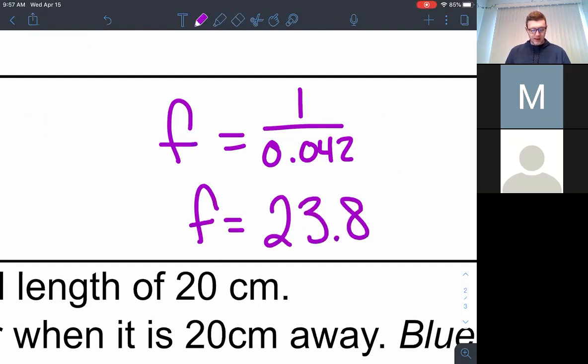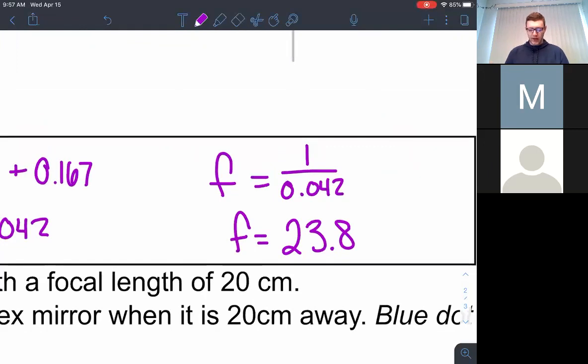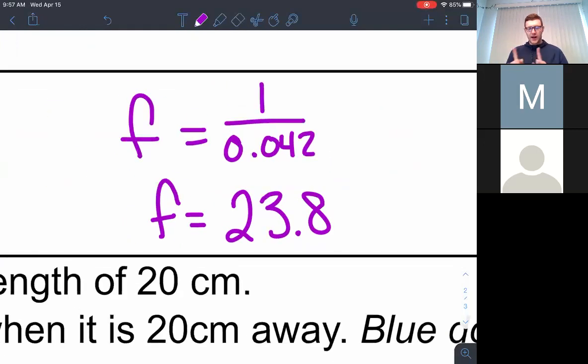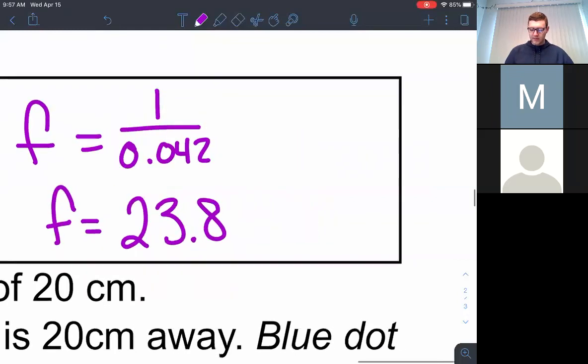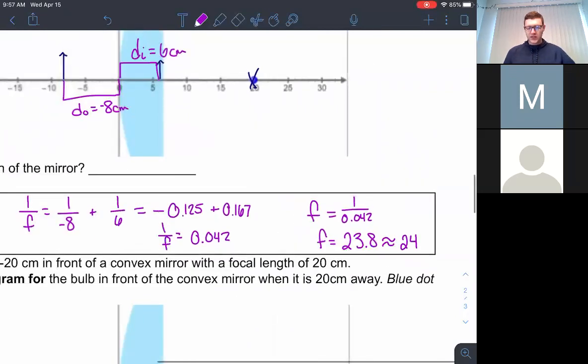Perfect. That is your answer for your focal point. Just because we rounded a little bit, it's going to be slightly different. If we didn't round, it should be just about 24. So just because of rounding it comes out a little different, but that is perfect.